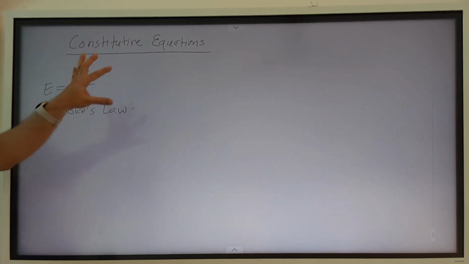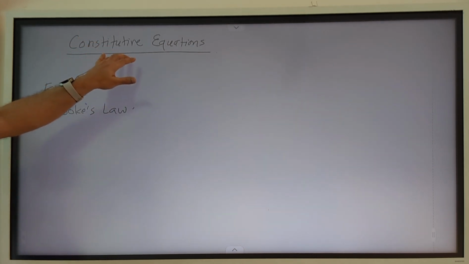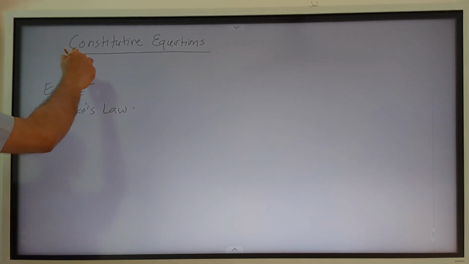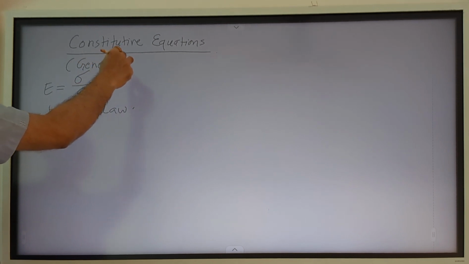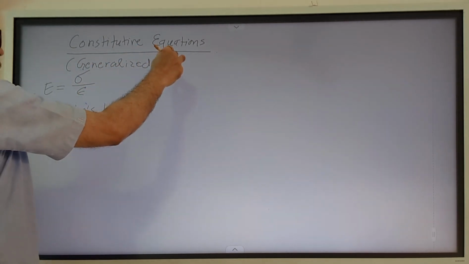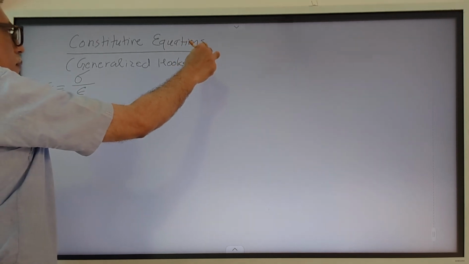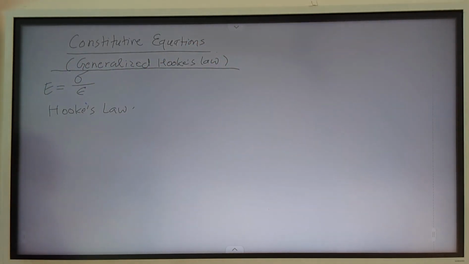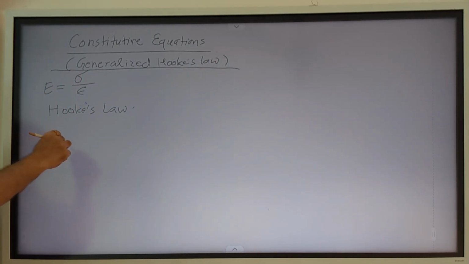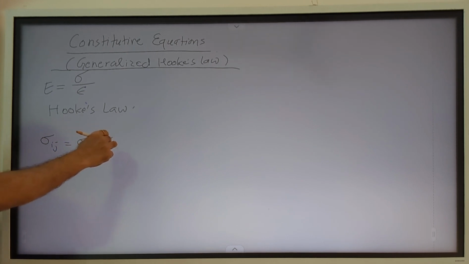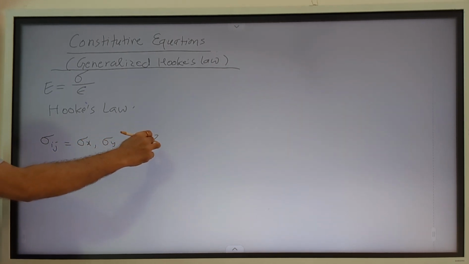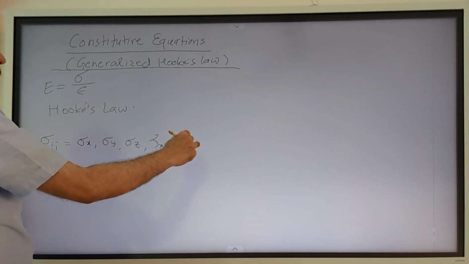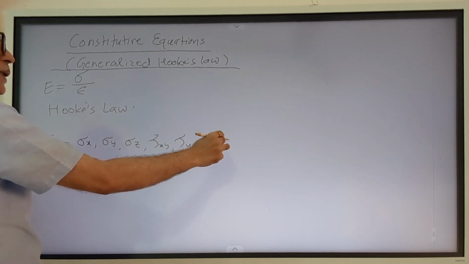If you generalize this particular concept, what we get is known as the constitutive equations. It is also called the generalized Hooke's law. What the generalized Hooke's law does is, we have 6 stress components: sigma x, sigma y, sigma z, and then tau xy, tau yz, and tau xz.